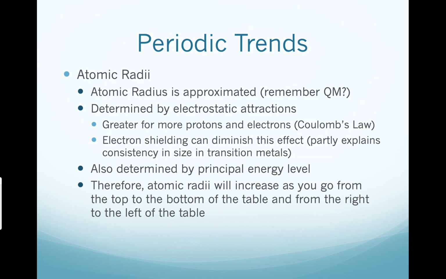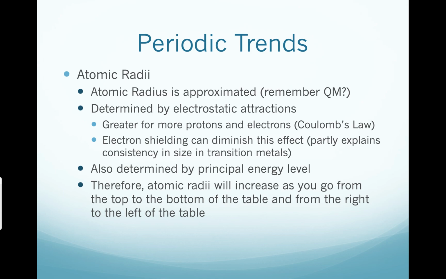Okay, so as you move down along the periodic table, down in periods, of course the atomic radius is going to get bigger. Now you would think as you add electrons and protons, as you go to the right of the periodic table, that the element would get bigger.